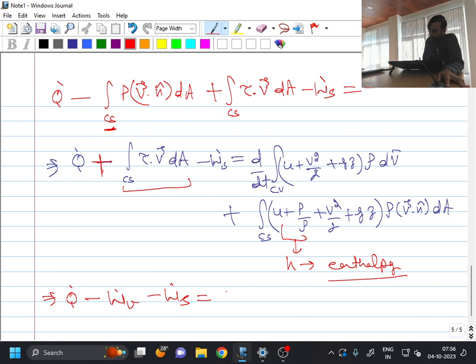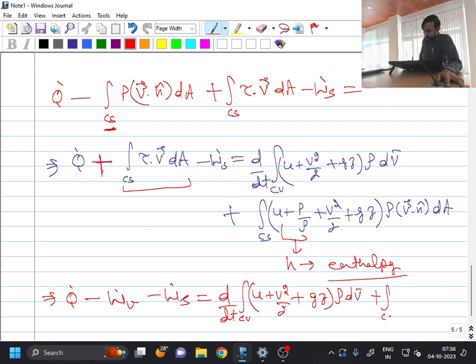So this will be equal to d by dt of the integral over the control volume of u plus v square by 2 plus gz into rho dv bar, plus the integral over the control surface of h plus v square by 2 plus gz into rho v vector dot n cap dA.